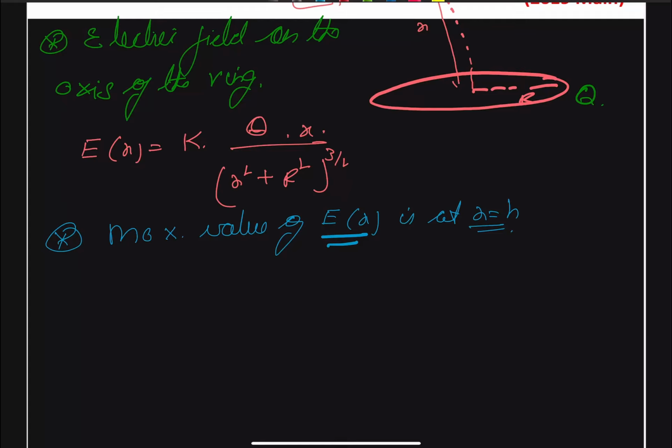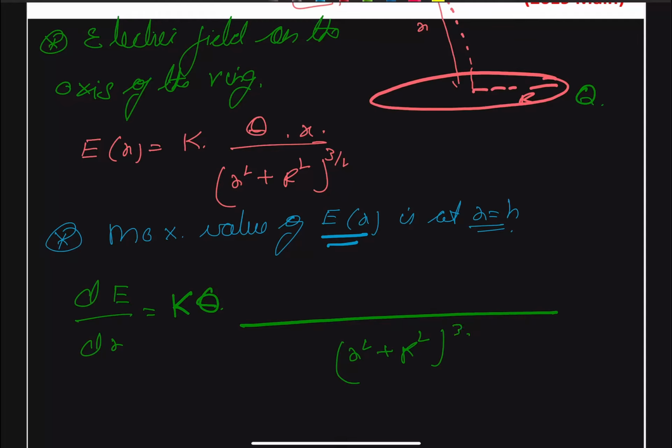So we can say dE upon dx will be equal to kq, and the denominator will be x square plus r square whole raised to power 3, and this we get x square plus r square to the power 3 by 2 multiplied by 1 minus x, and this is our 3 by 2, and this comes as x square plus r square to the power 1 by 2 and multiply by 2x.